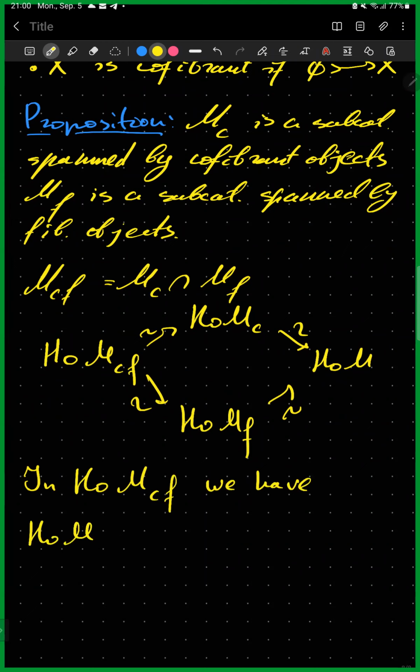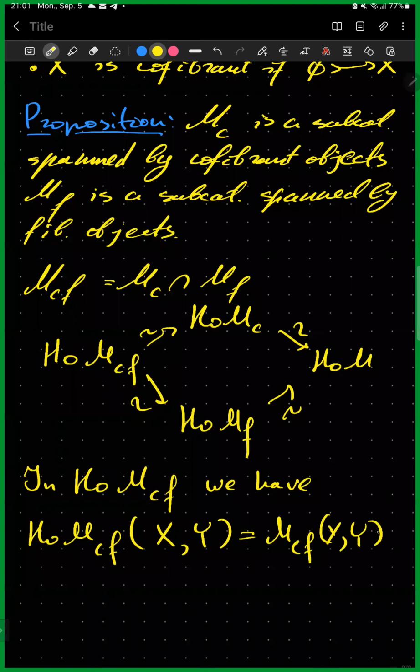We have for the class of morphisms between two objects that it is in fact just the quotient of regular morphisms in the initial model category modulo some equivalence relation.